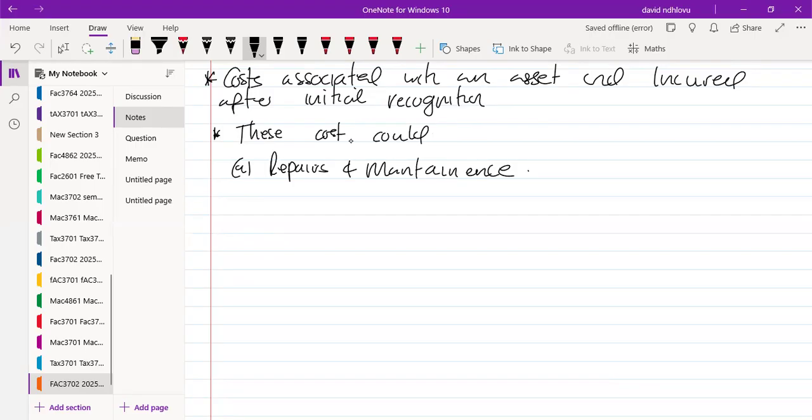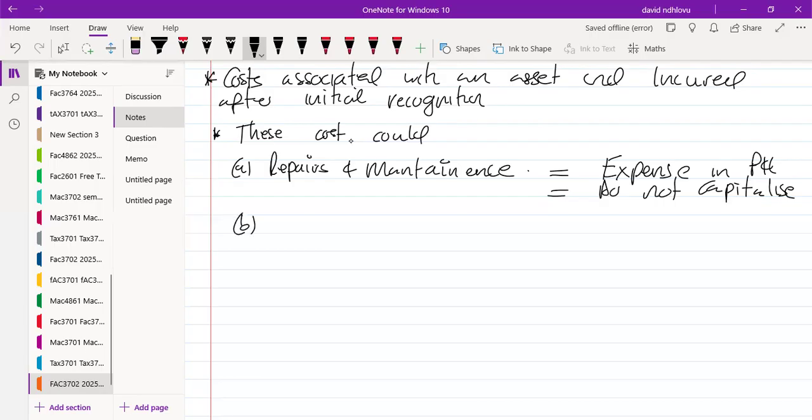For example, if you've got a building and someone breaks the windows and you repair them, you can't capitalize that because it doesn't increase the value of the asset. This will be expensed to the P&L. Do not capitalize. So this is one type of expenditure that you can incur subsequently.